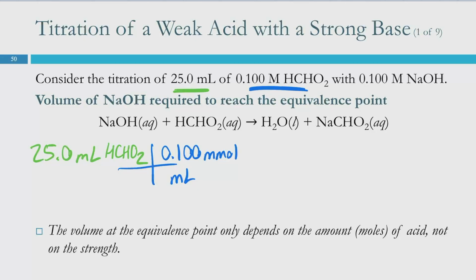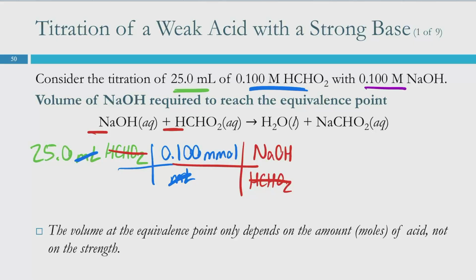That's our concentration of our, I think, formic acid. So we now have the number of millimoles, and then we can do a stoichiometry step. Let's do that in red. So our ratio is 1 to 1. Our number is not going to change, but our chemical will. HCHO2 on the bottom, sodium hydroxide up top.